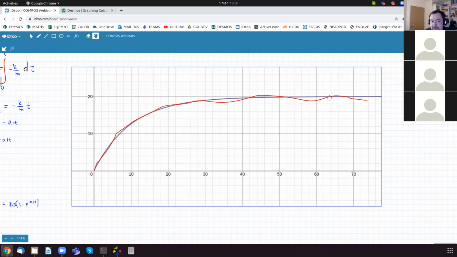So in practical terms, terminal velocity is impossible. The speed will always change a little bit because of the changing air resistance or the changing wind or the changing water waves on the surface. You can never see a boat traveling at exactly constant velocity. It's impossible. So we're using an approximation, which is a very good approximation.